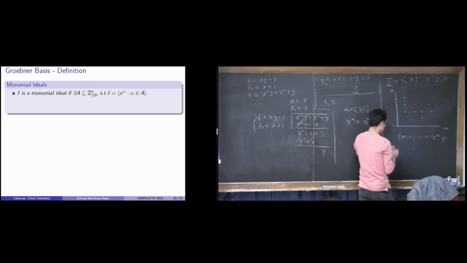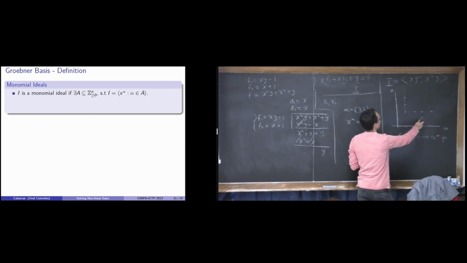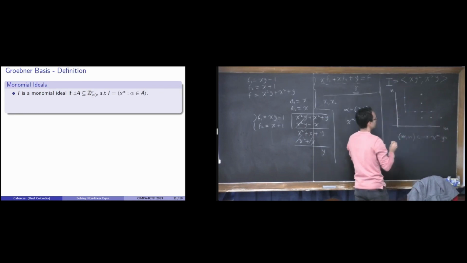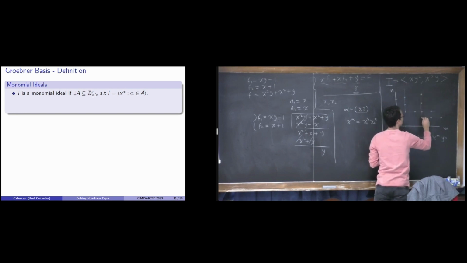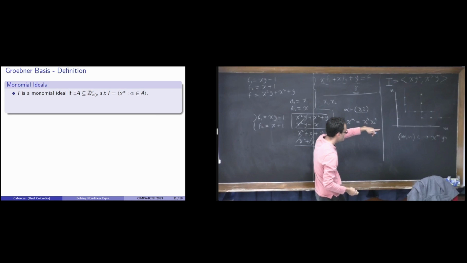And the same happens with x cubed y. We can get any of these, and anything to the right or above 3, 1 can be gotten from those.